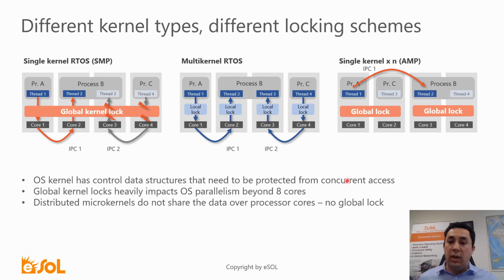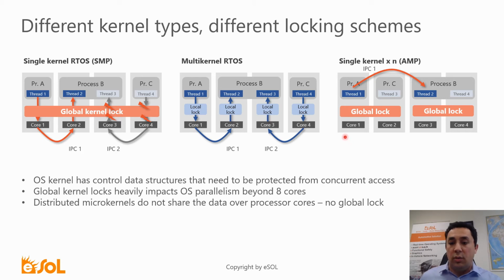When true parallelism is required, the typical way to go around this limitation is the use of the AMP design. AMP stands for asymmetrical multiprocessing. In this AMP design, multiple instances of the operating system actually run.